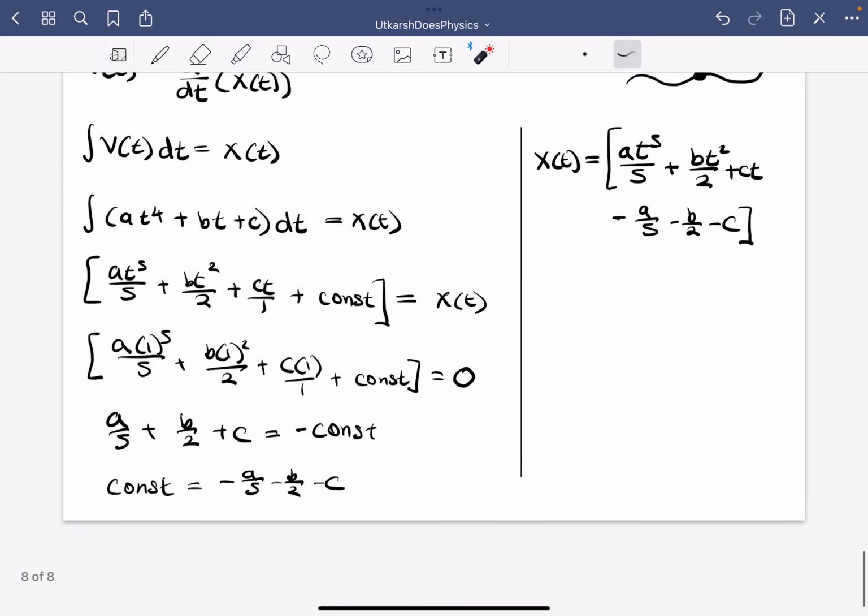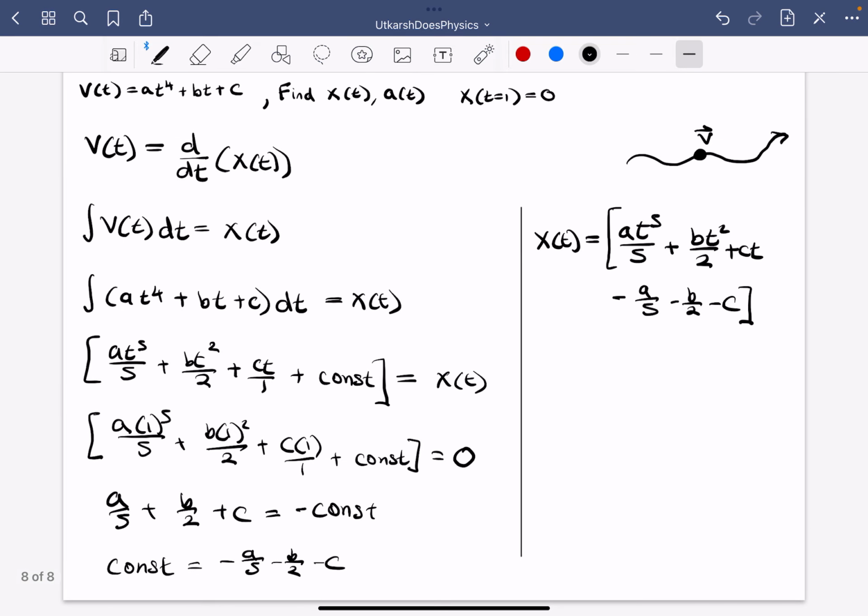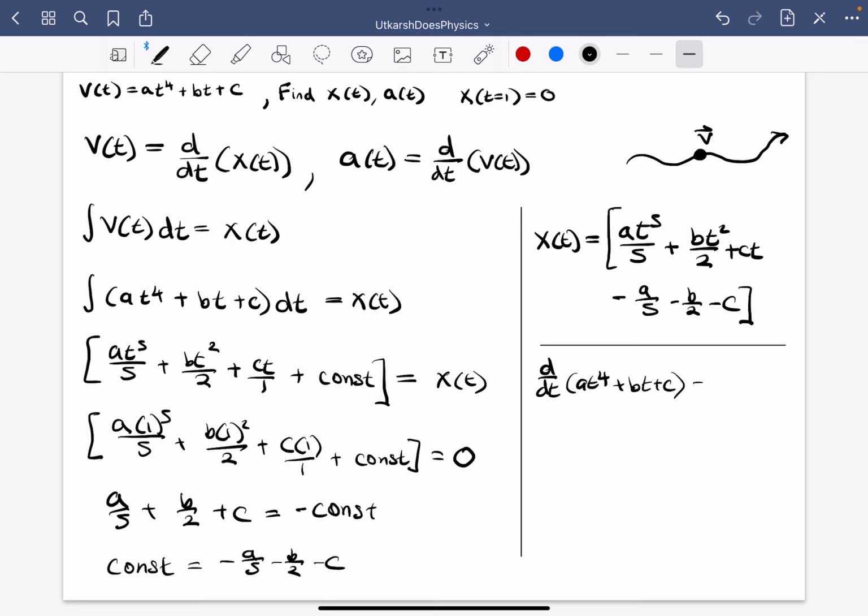And we're going to do this by using the equation for acceleration, which is just the time derivative of the velocity. So taking the time derivative of the velocity now, we have d by dt of at to the 4 plus bt plus c. That's equal to our acceleration.